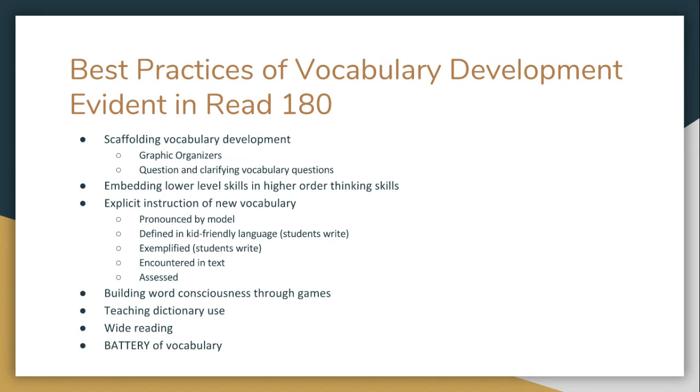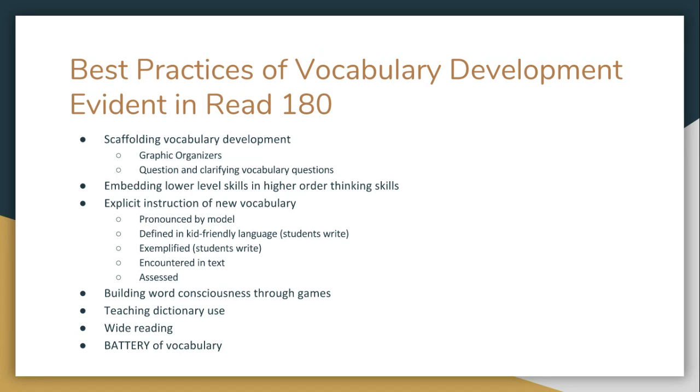We also see explicit instruction in new vocabulary that happens constantly. Students are introduced to 5 words at the beginning of a workshop and 5 more words as they read more text. This isn't including the vocabulary words they read in the Read 180 books, and it doesn't include the vocabulary words that they encounter in the adaptive lessons.